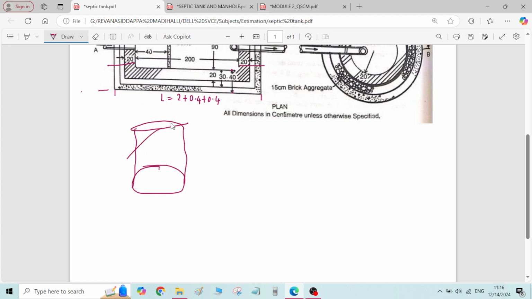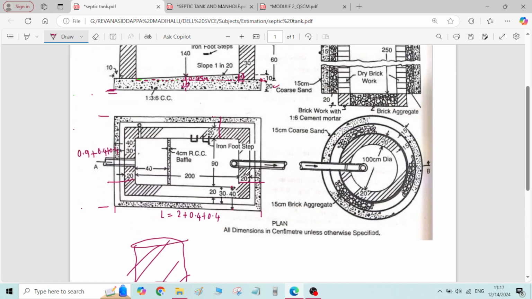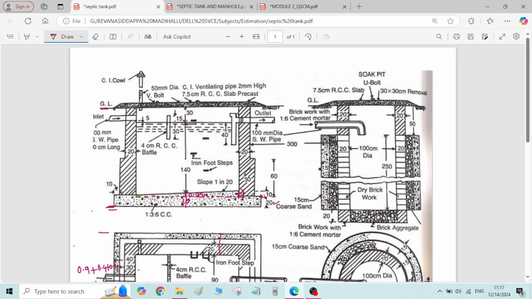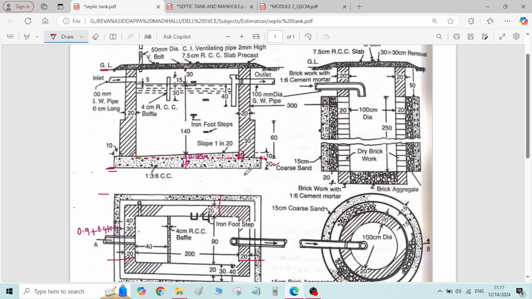You will get the total volume of the earthwork in excavation. And the diameter of the excavation changes at different heights.